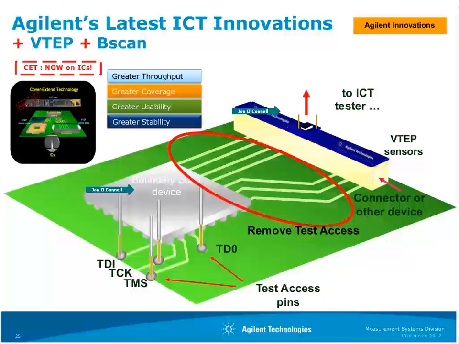And we detect them either on the connectors or surrounding ICs. So Cover Extend can also cover connectors and ICs, and this is available on both the 3070 In-Circuit Test system and also the I-1000V. So the MDA Plus is getting the advantage of the technology that we introduced on 3070.